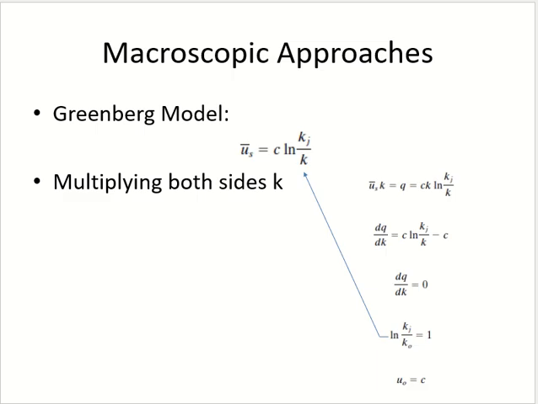Clear? Now here it was K. Here it became K naught. What was K naught? Slope is 0 when?